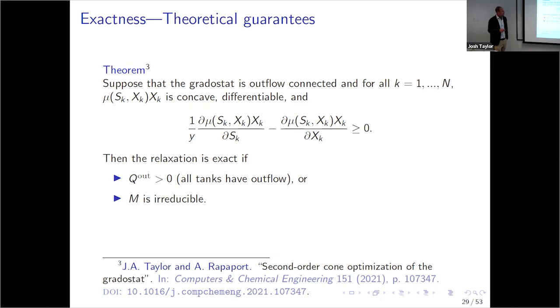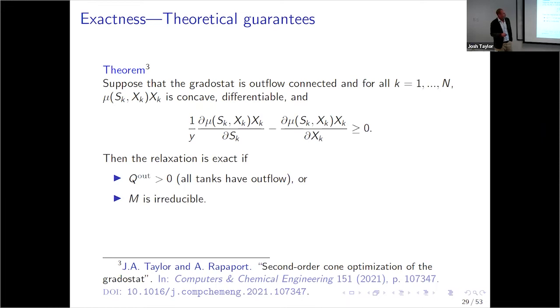So let me now discuss this a little bit. This condition here looks a little like it doesn't have much meaning, but it's very easy to satisfy. And basically the reason is that if this is concave, okay, that's good. And in most applications, X, the biomass, is much larger than the substrate.